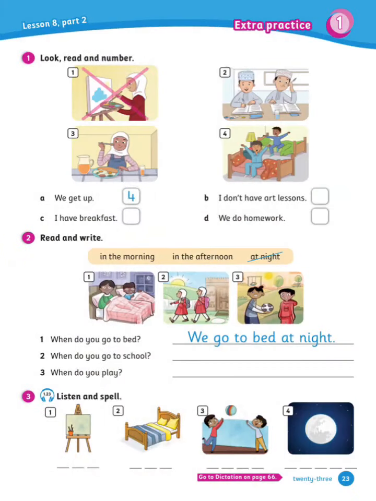Lesson 8, Part 2. Extra practice. Exercise number 1. Look, read and number. Look at these pictures, then number the sentences. A is done for you. Matches picture 4.